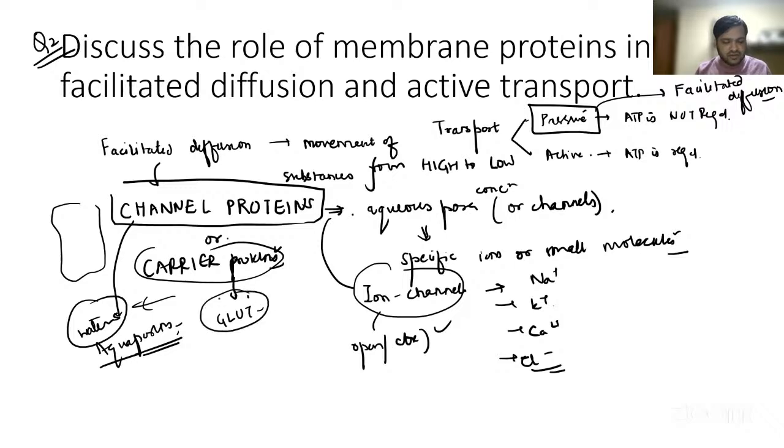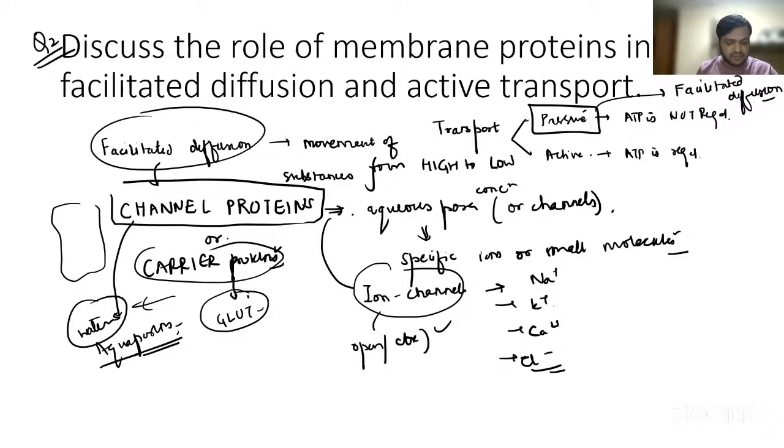These glucose transporters help in the transport of glucose into the cell, in response to the concentration gradient, guys. For example, in blood the glucose levels are very high, and in the cell the glucose levels are low. So facilitated diffusion means the glucose will flow from the high concentration to the low concentration, guys, right?